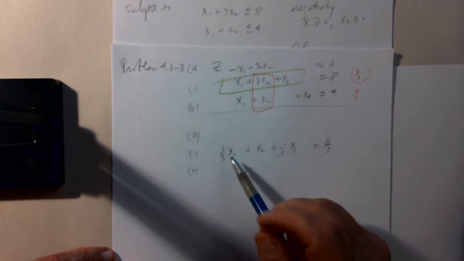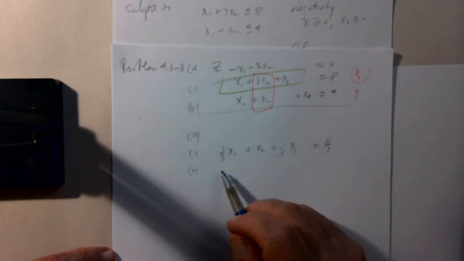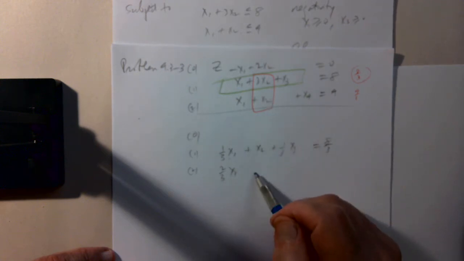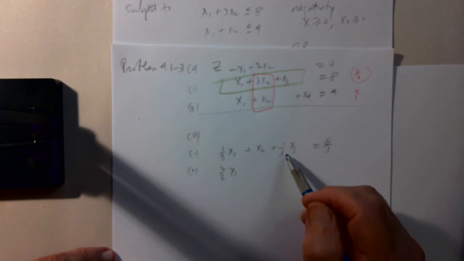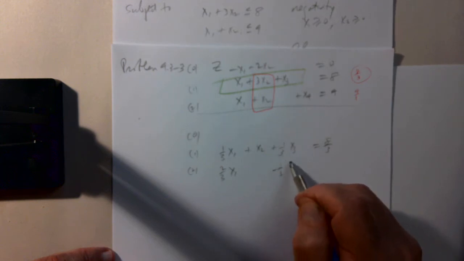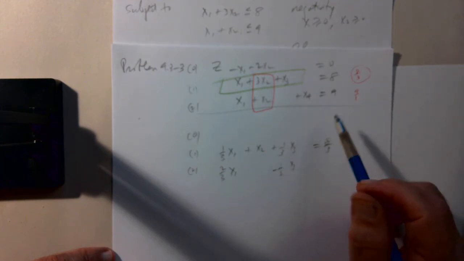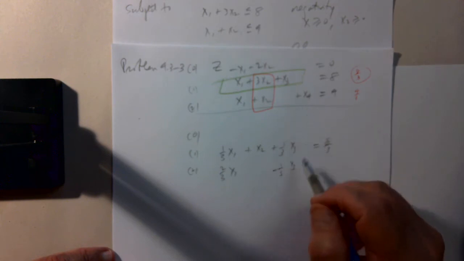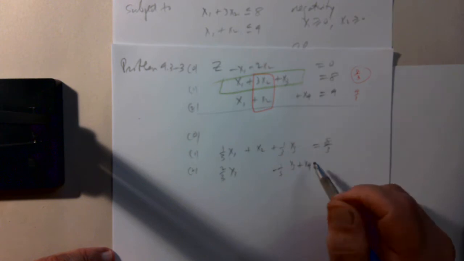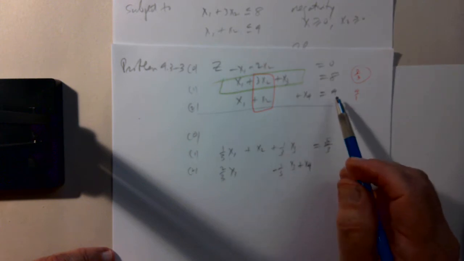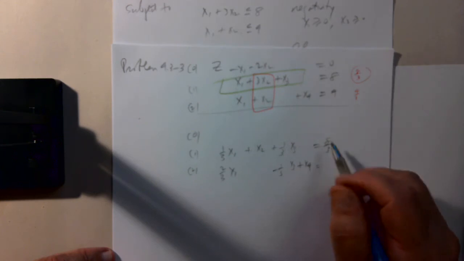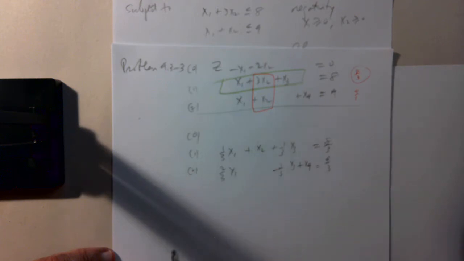So x1 minus a third x1 is 2/3 x1. x2 minus x2 is 0. 0 minus a third x3 is minus a third x3. And 1 minus 0 is 1. And 4 minus 8/3, 4 is 12/3. 12 minus 8, this is 4/3.